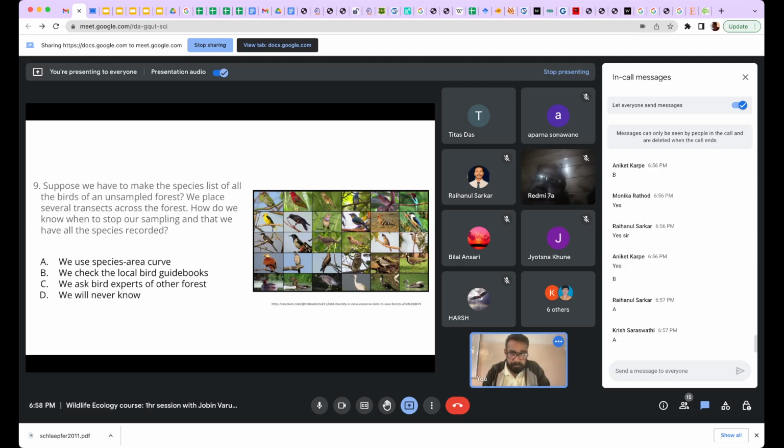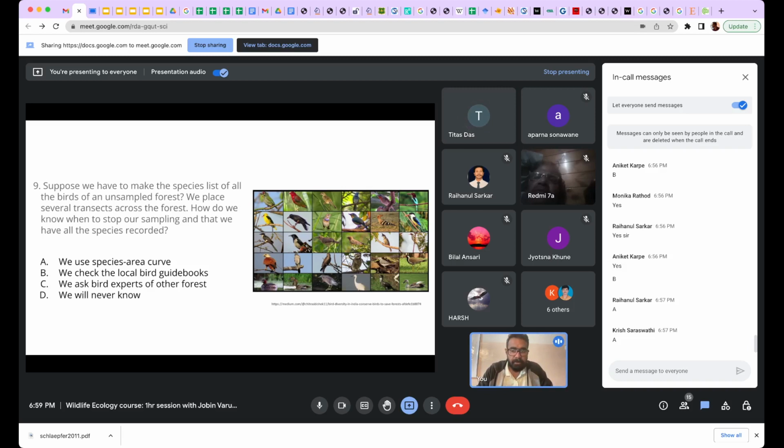Okay, so the thing is, it's an unsampled forest. So the forest has never been sampled before. What does unsampled forest mean? So unsurveyed. Do you understand that? So basically, the forest has never been surveyed before.